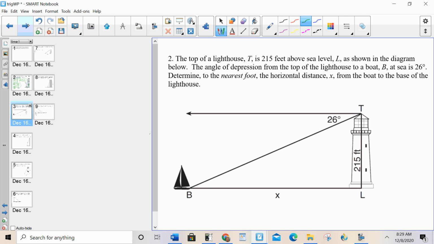Number 2, so there is one thing that's new here. And we're going to talk about the angle of depression and the angle of elevation. So the angle of depression is the angle looking down from the top of something. This thing right here is the angle of depression. The angle of elevation is the angle looking up at something.